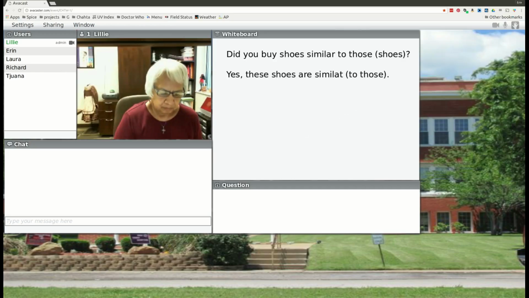So here we have, yes, these shoes are similar. And again, the reference is made to the shoes. So it's understood. Yes, these shoes are similar to those. It's understood to which shoes the comparison is being made.